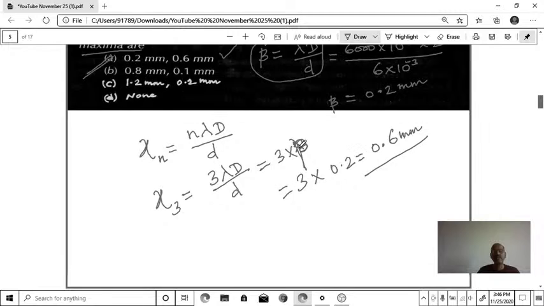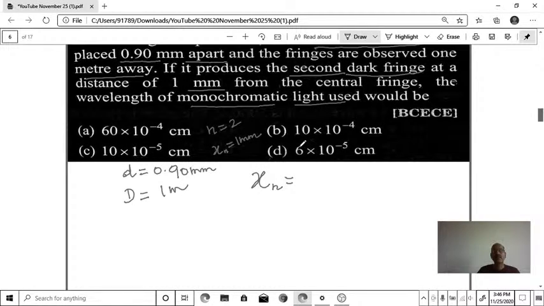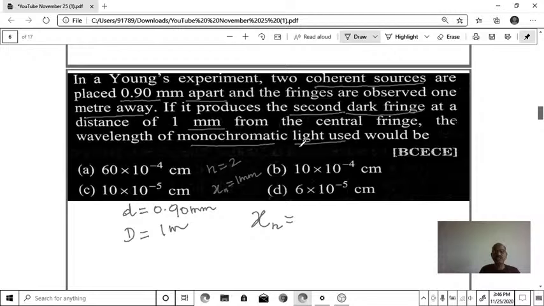Now you can use it, you know that formula. So the distance of the nth dark fringe, x to the base n, equals 2n minus 1 into lambda D by 2d.